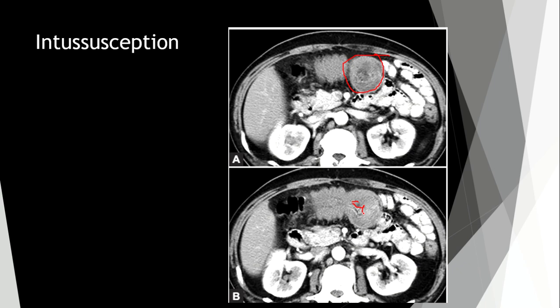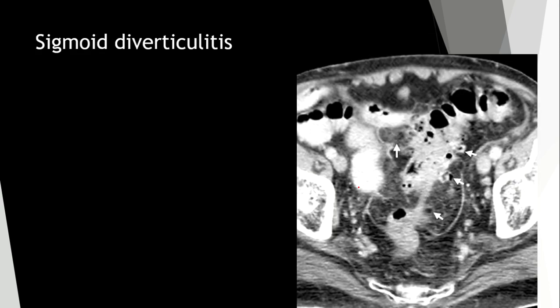We see that one bowel goes into another bowel, and we see thickening of the wall of this bowel, and we see another bowel into the lumen of the bowel.